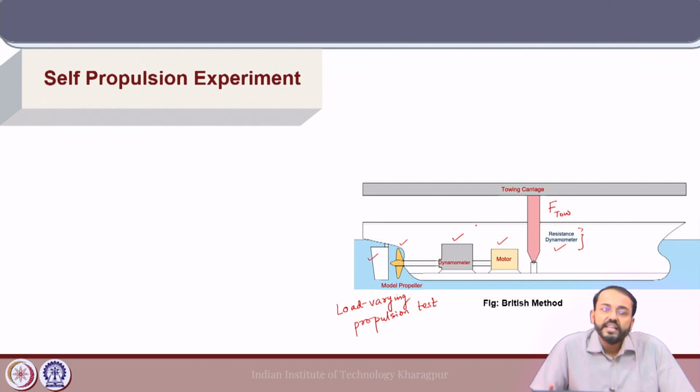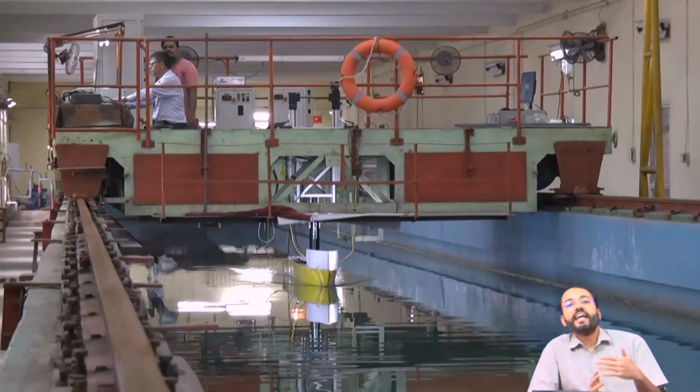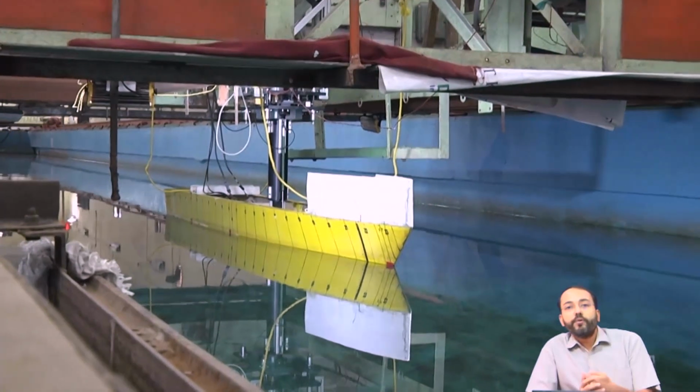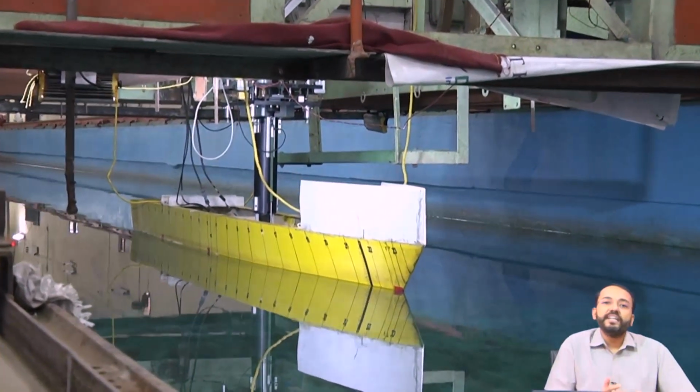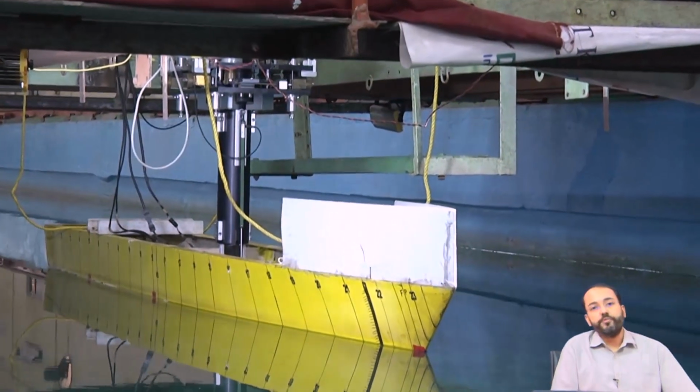Next, we will see a video of this British method of self propulsion test from the towing tank facility at IIT Kharagpur. This is the self propulsion test in the towing tank, where the carriage is moving on the tank and it is towing the ship model with a propeller fitted behind, and the model is connected to the carriage through the resistance dynamometer.